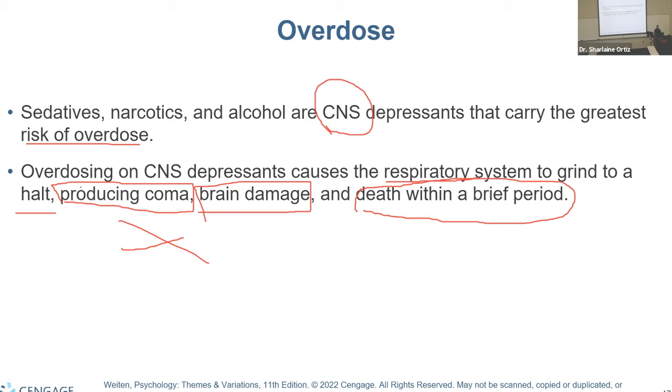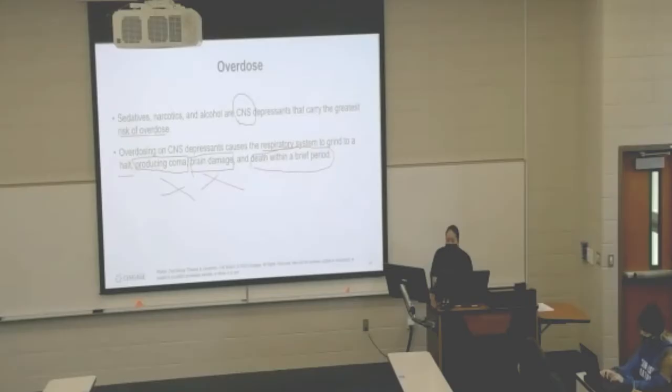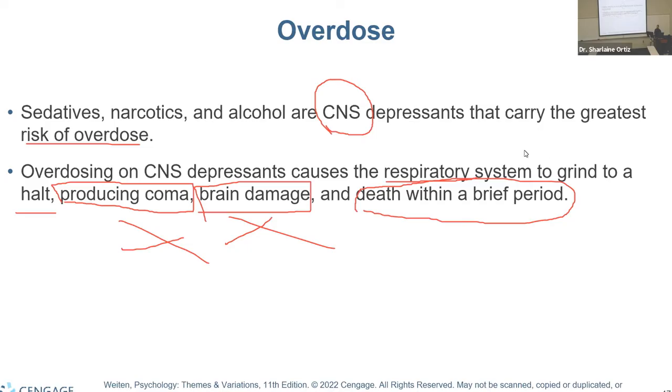It's very short term because it can lead to brain damage. We have talked in the past about brain plasticity and the ability of the brain to recover, which does exist, but the brain can only recover so much, right? So it could lead to brain damage, and therefore the person is at an increased risk of dying within a very short amount of time.